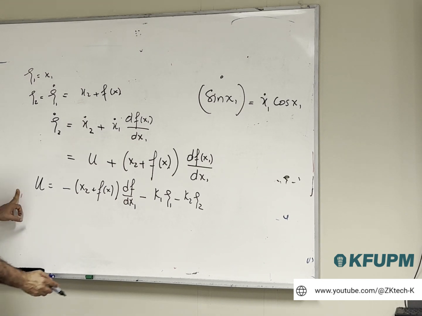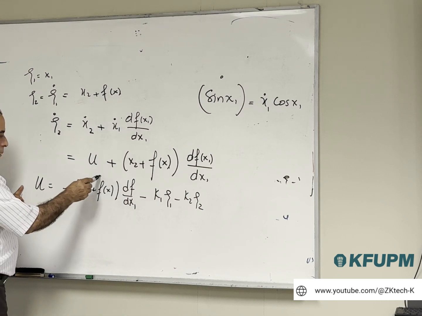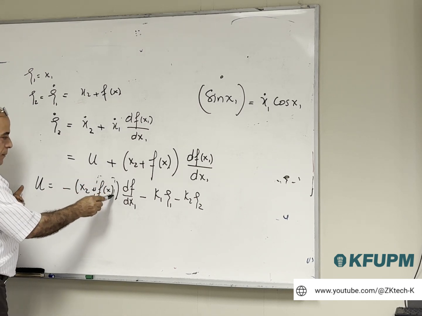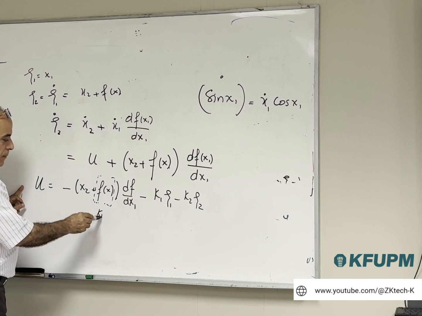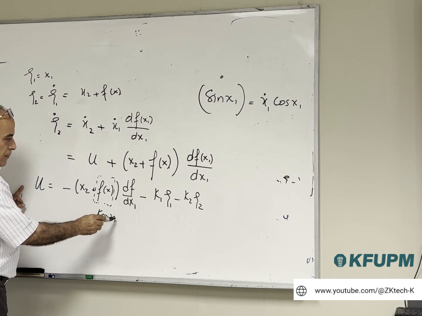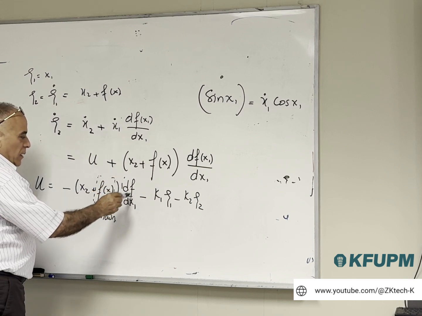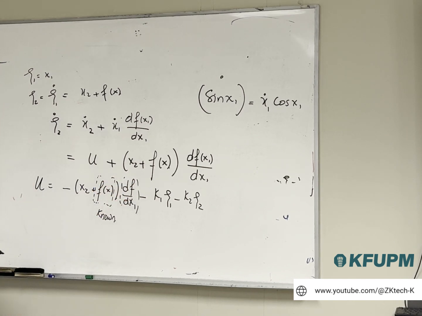So my controller assumes that f is known, and definitely the derivative of f is also known. So f and the derivative of f are both known. Otherwise the controller will be impossible to realize.